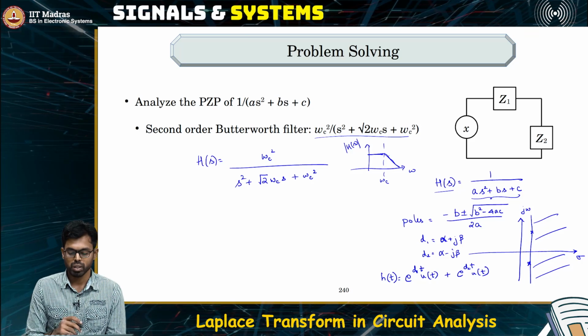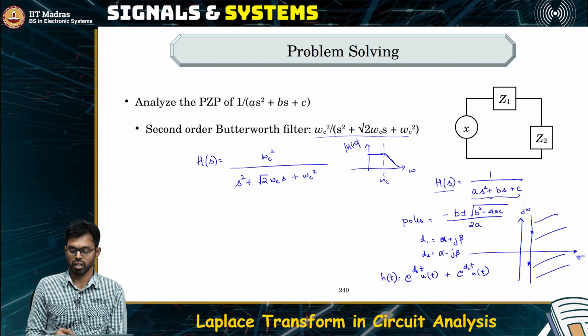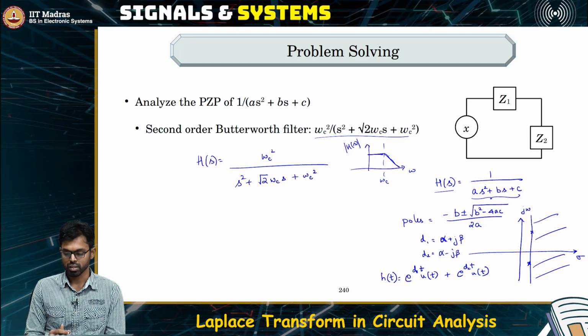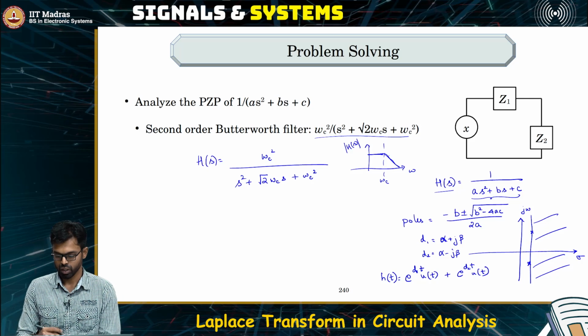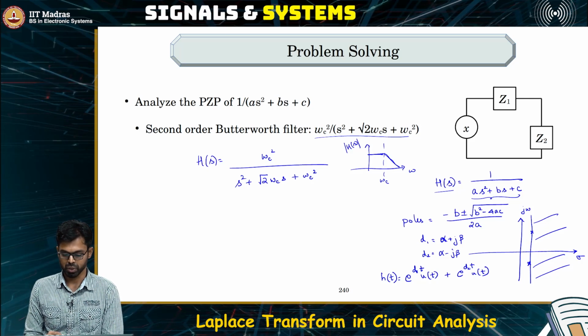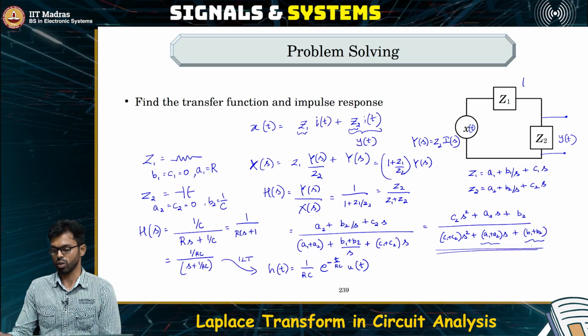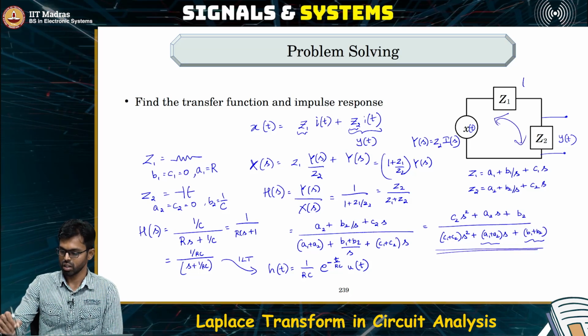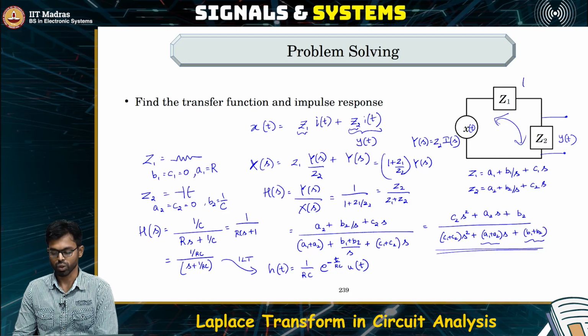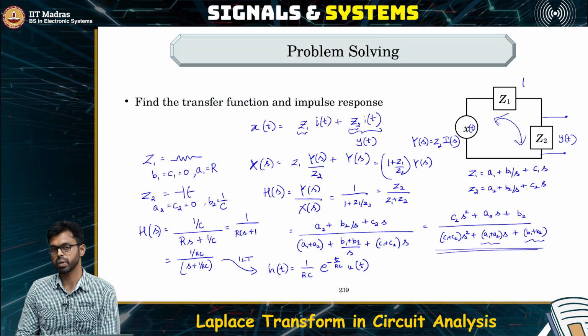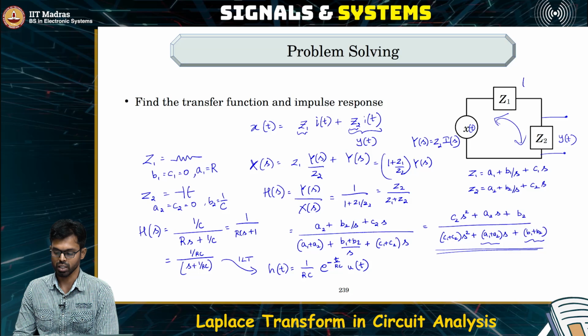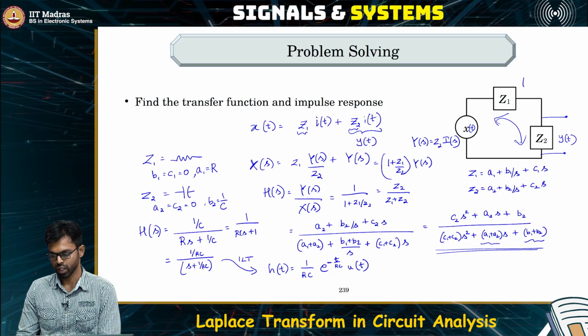Now let us say you want to implement something like this. Then how do you find out the corresponding resistor and capacitor values? This is where our generic analysis comes into the picture. Remember, we said this is how any RC circuit, or any circuit which has two impedances in series, is going to look. Now if I want to implement a Butterworth filter with such a circuit, what would be Z1 and Z2?